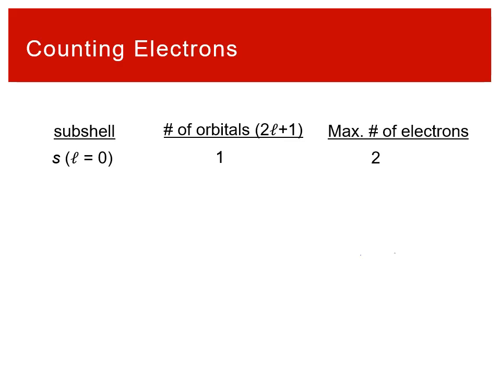So s always has 2 possible maximum electrons. p, that's l = 1, always has 3 orbitals. Multiply that by 2, and we get 6 total electrons. d is l = 2. We get 5 orbitals, and any d-type subshell gives us 10 total electrons. f with l = 3 has 7 orbitals, and therefore 14 electrons.